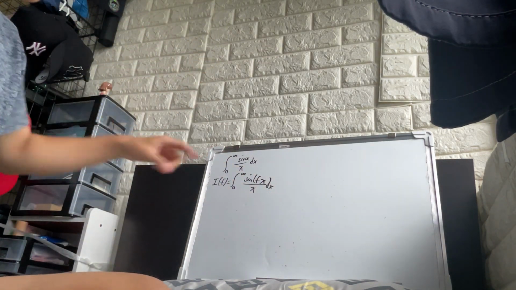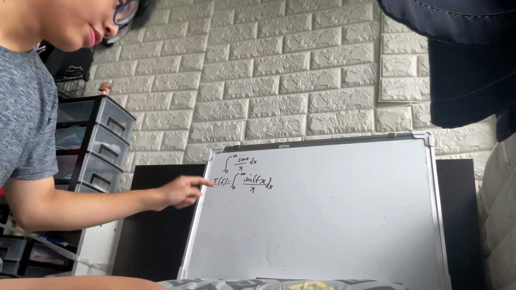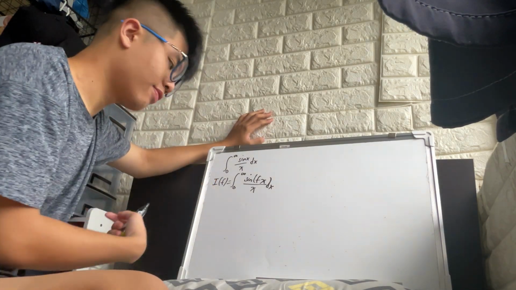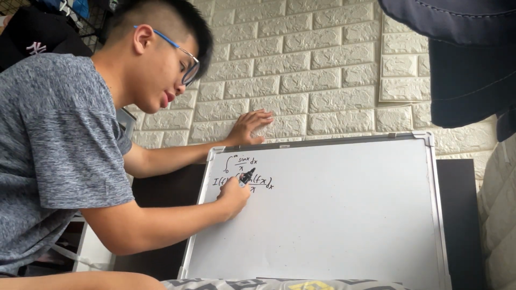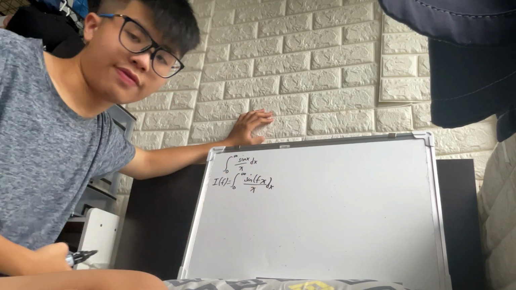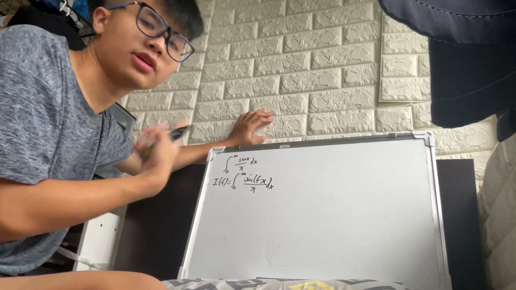Because if we differentiate both sides with respect to f, 1 over x is a constant in the f world. It can stay the same, and then differentiating sin of fx, you get cosine of fx. But don't forget to multiply by the derivative of the inside because of the chain rule.